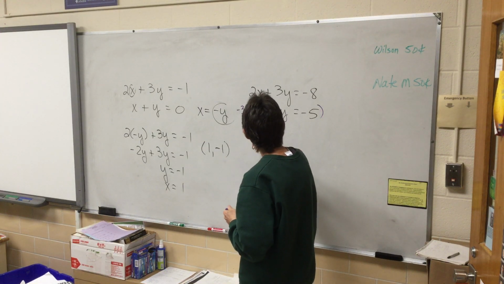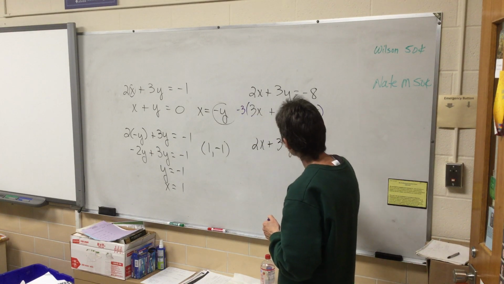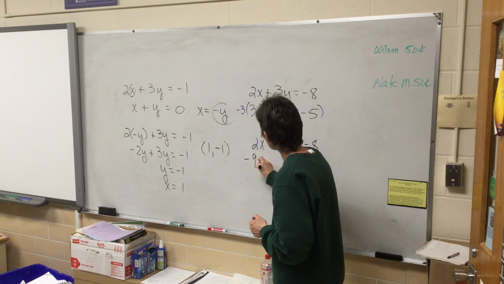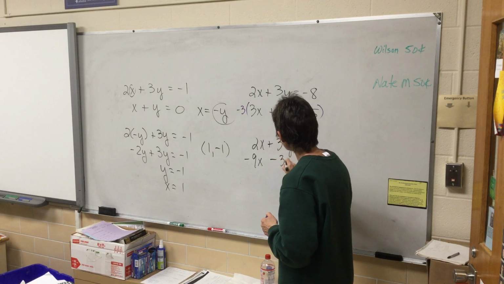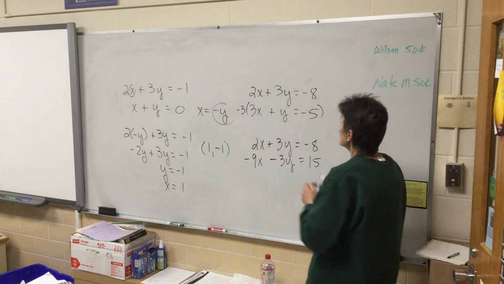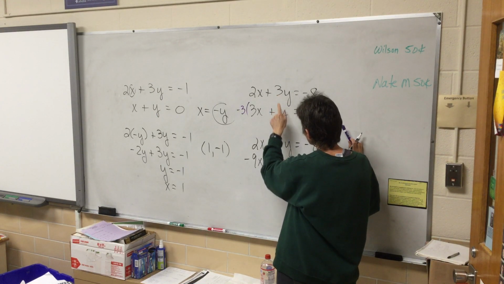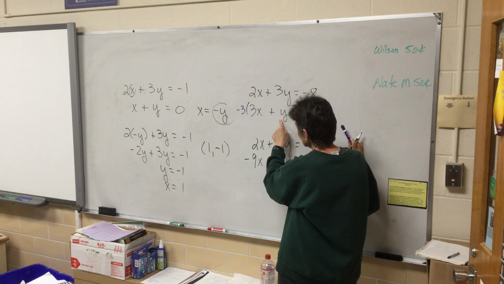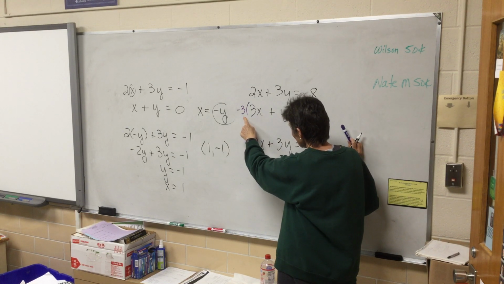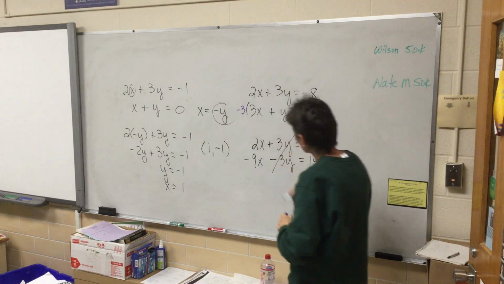So we have 2x plus 3y equals -8 on the top, and then -9x, -3y, positive 15 on the bottom. You must have, if you're gonna eliminate, one has to be positive and one has to be negative. So that's why we're multiplying by -3 to make this one negative, so that these two will cancel out.